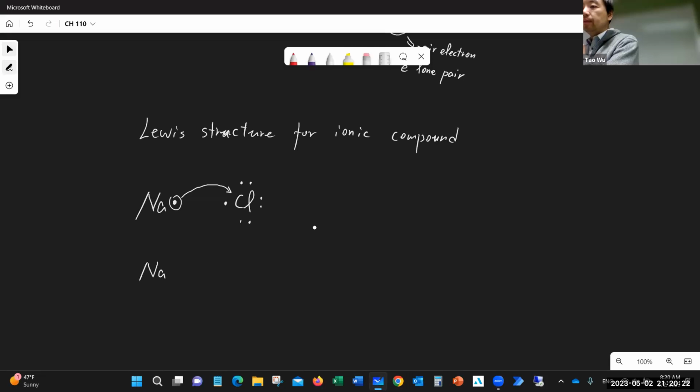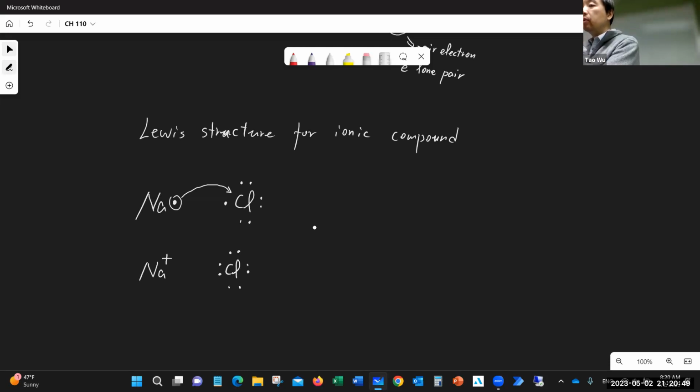Since the sodium loses 1 electron, it becomes positively charged. The chlorine gains the electron. So when you draw the Lewis structure for the chloride ion, it is not like this.